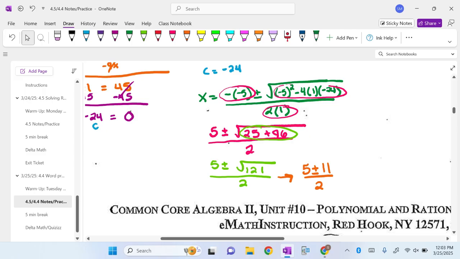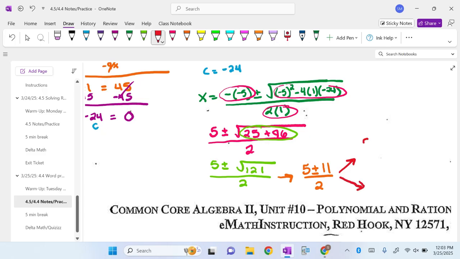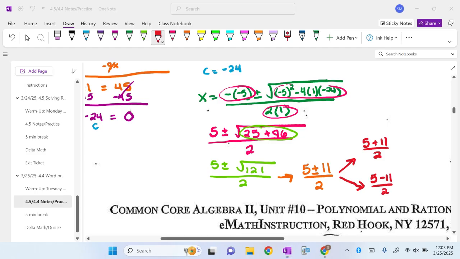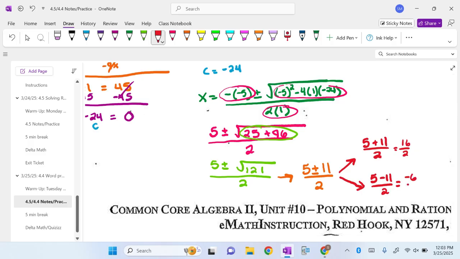Now, since I have all numbers left over and no radicals, your last step is to separate the plus and minus and evaluate. So this would be 5 plus 11 over 2, and then 5 minus 11 over 2. So 5 plus 11 is 16 over 2. 5 minus 11 is negative 6 over 2. I don't know why I wrote 3.